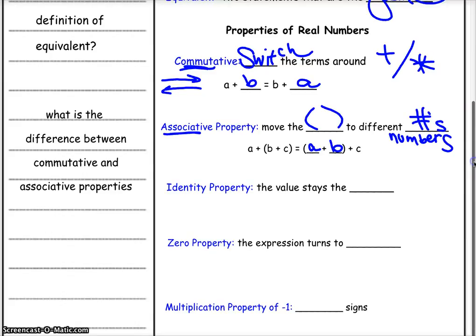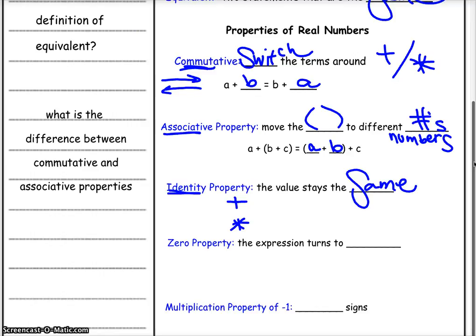But okay, identity property. The value stays, what do you think? The same. Heck yeah, it stays the same. Root word, identity. Keeping my identity, staying the same. So you have identity property of addition, and you have identity property of multiplication.